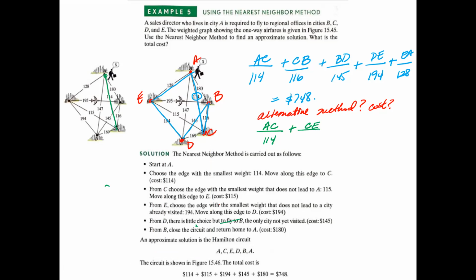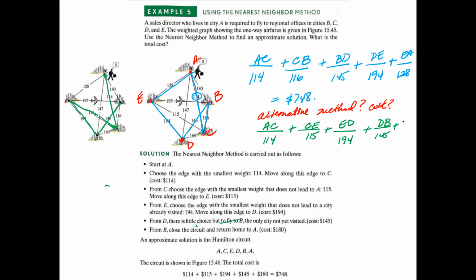C to E, so C goes to E, and that path is going to be $115. Then from CE, we're going to go to ED. So E then goes to D, which is $194. And then from ED, we're going to go to DB, which is $145.